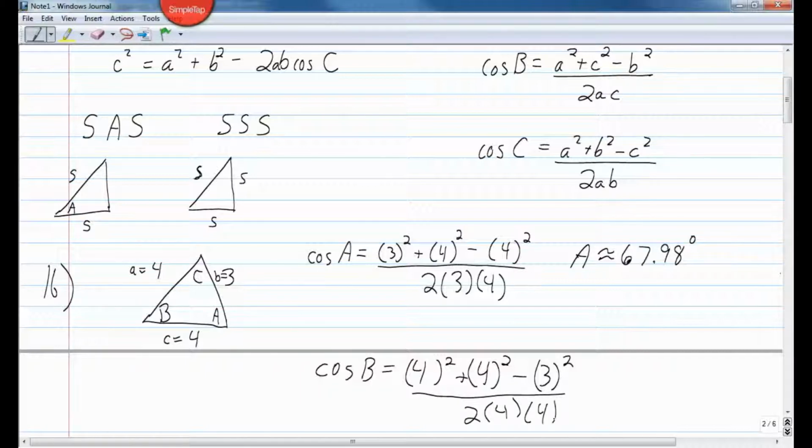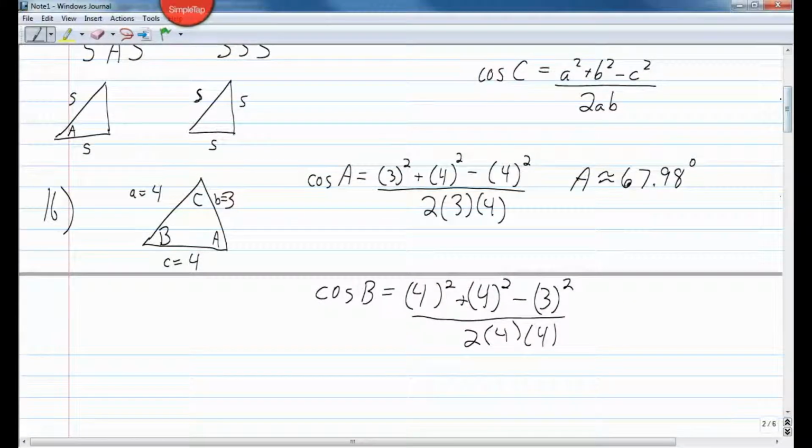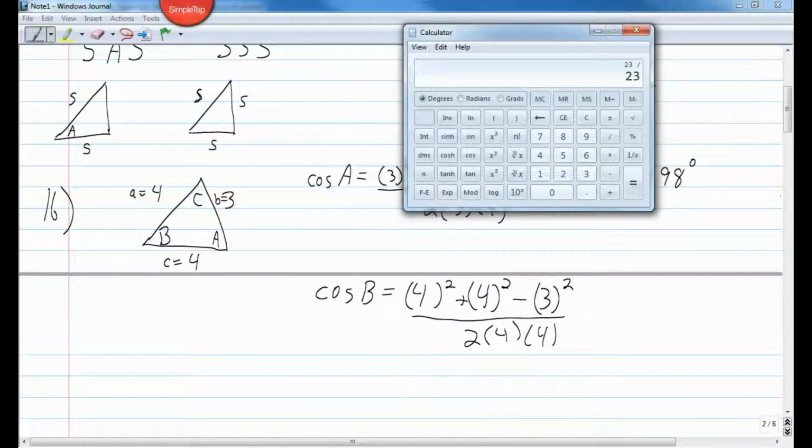divided by, sorry about that, let me use our calculator. This is still the numerator, 23, divided by, now 2 times 4 is 8, times 4 is 32. All right, and so now this is what the right side is equal to, so you do what?